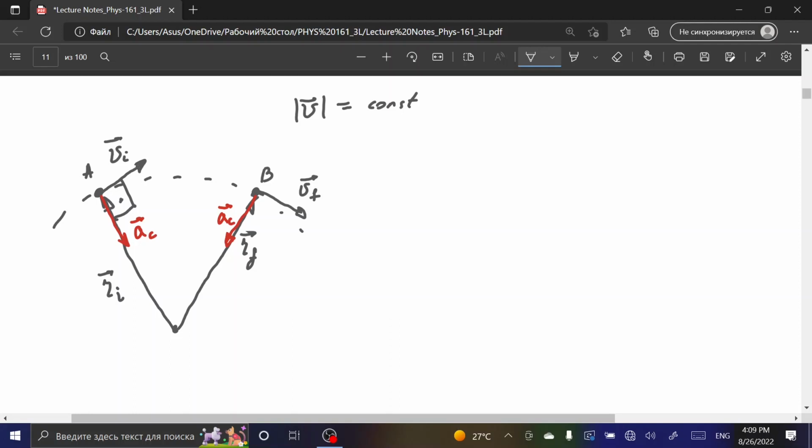So at every moment of time there is some force exerted from the side of the wire on the webcam to keep it on the circular trajectory. That is the so-called centripetal force associated with centripetal acceleration, and it's pointed from the webcam towards the center of this curved trajectory on this circle.